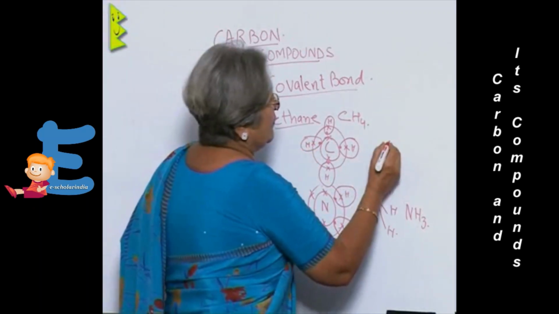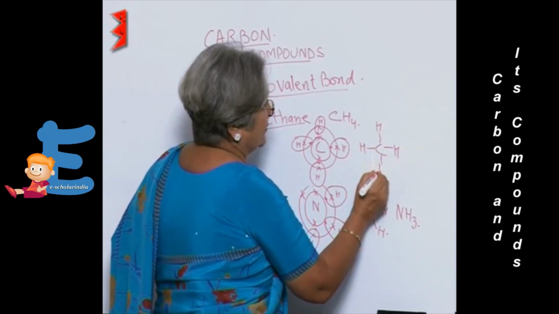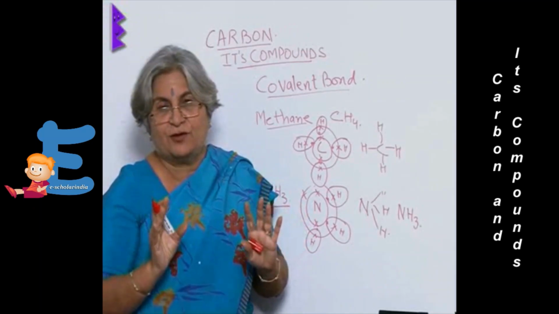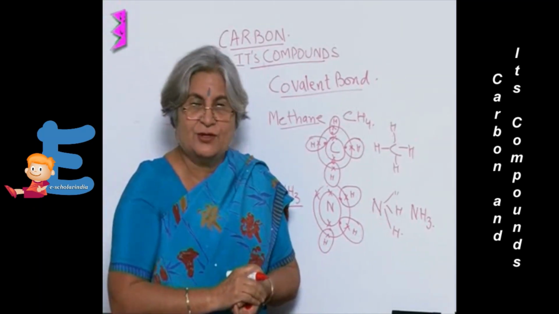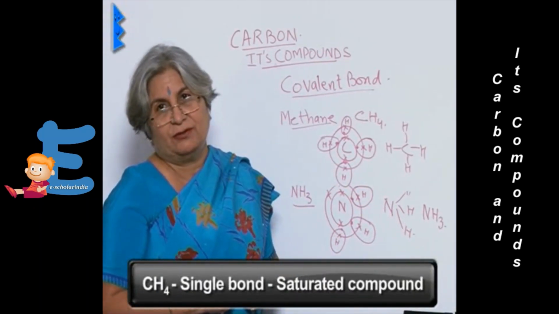So basically what we get is CH4. 4 electrons of carbon and 1 each of the 4 hydrogen, total is 8, and each hydrogen is also getting 2. So here also there is a single bond and a saturated compound.